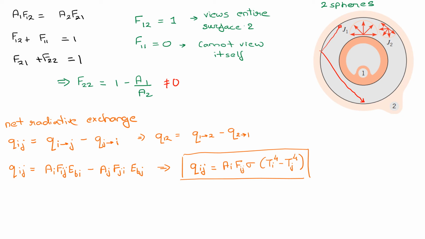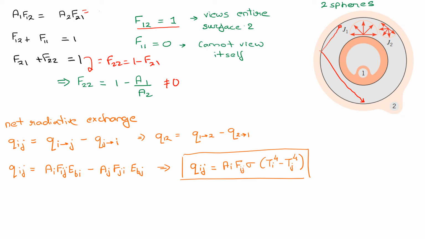So your F22 from the summation rule can be written as F22 equals 1 minus F21. And your F12 is 1, so we can replace that in this equation right here.